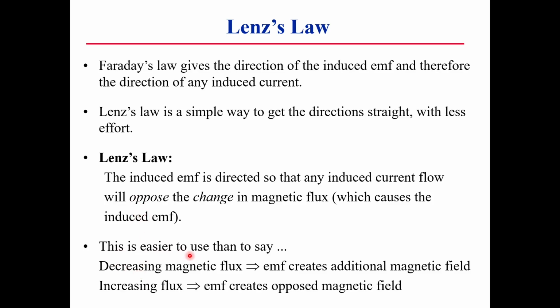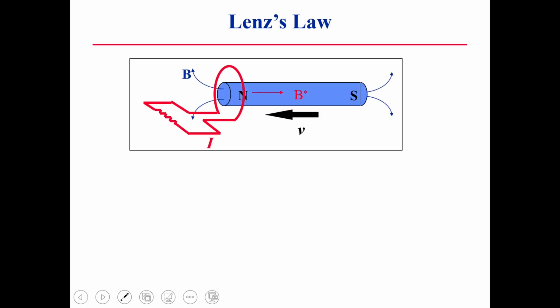This is easier to use than to say decreasing the magnetic flux. It means that when the flux is decreasing, the EMF creates an additional magnetic field, and when the flux is increasing, the EMF creates an opposing magnetic field. If you understand this, it's okay, and if you are ignoring this, no problem. That's it, you now know what Lenz's law is.